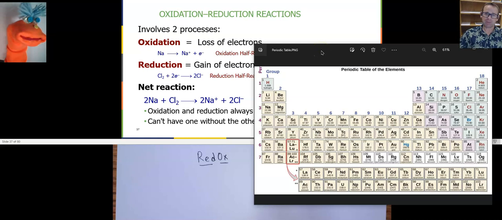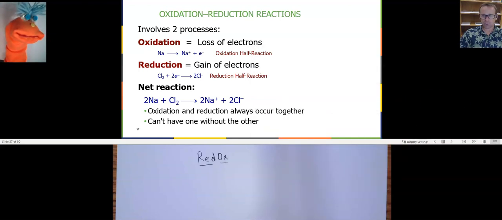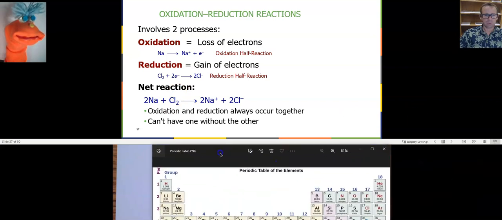How do I know that they have 11 electrons, Fred? Just the same as the protons because there's no charge? That's right. Has the same number of electrons as protons because there's no charge. How about this species right here, Cl2? How many protons and electrons does it have? 17 protons for each chlorine and 17 electrons for each chlorine?